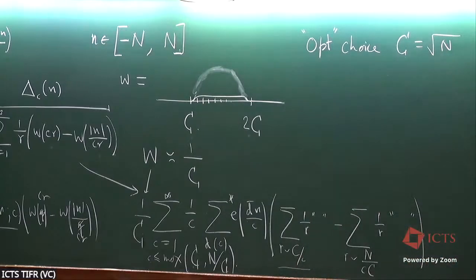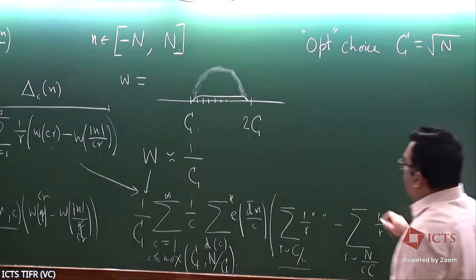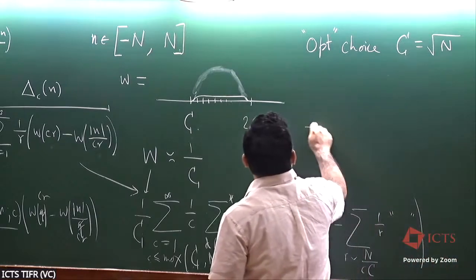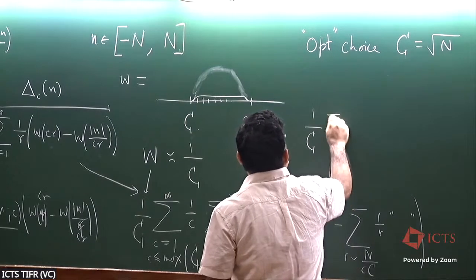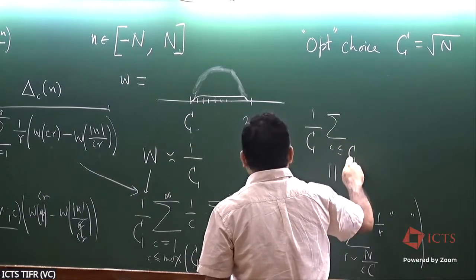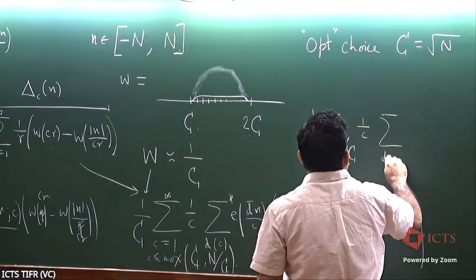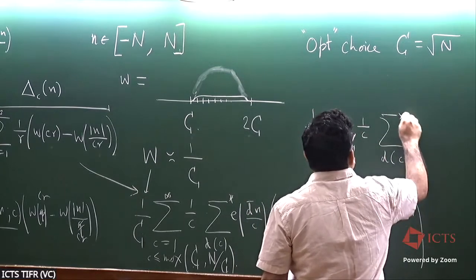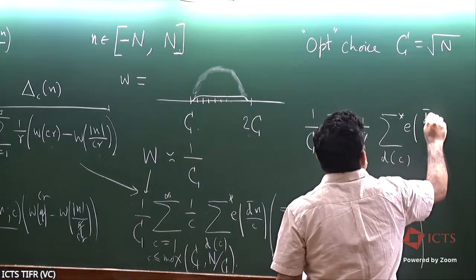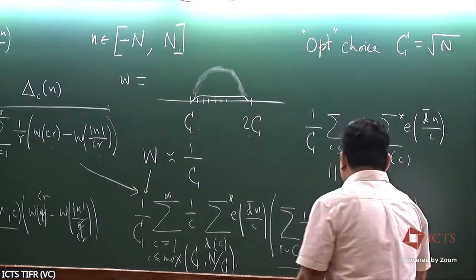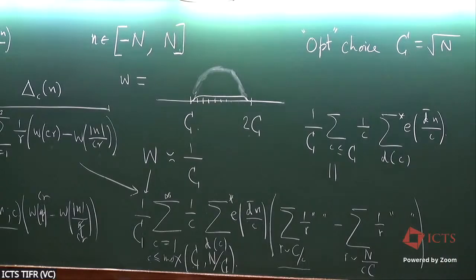That's it. Once you have that, this formula looks like this: you have 1 by capital C, small c going up to capital C, 1 by small c, Ramanujan sum, u bar N by c, and then there is the analytic part, which is like 1.